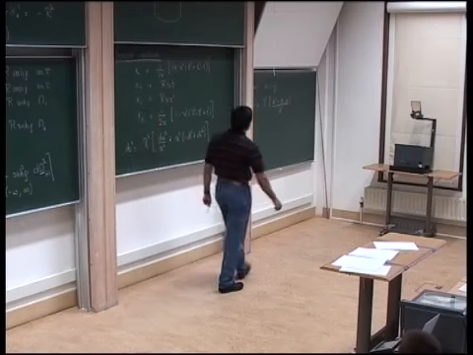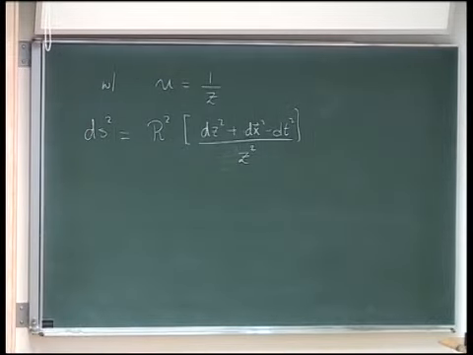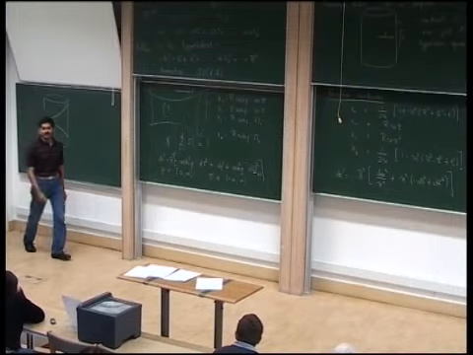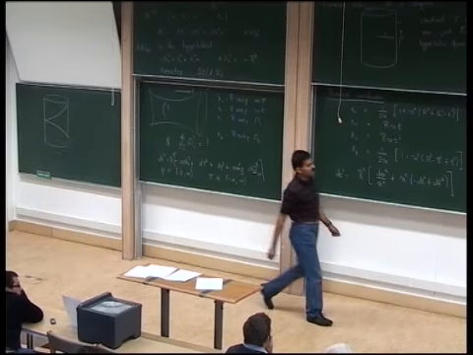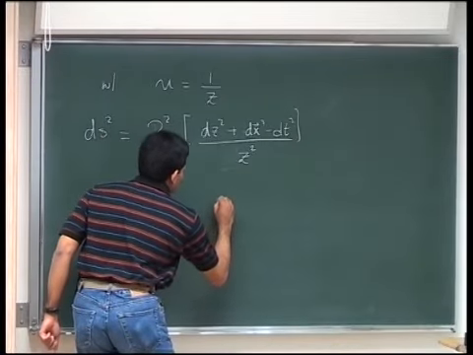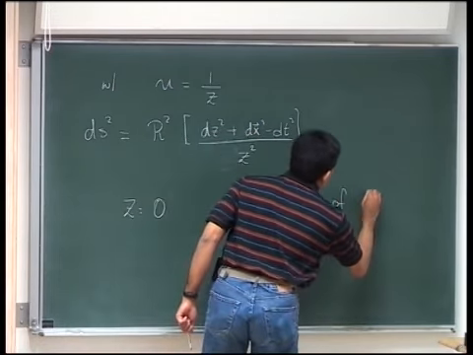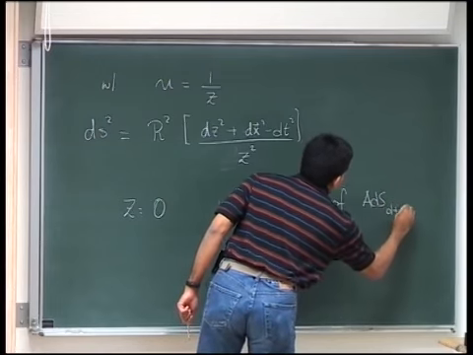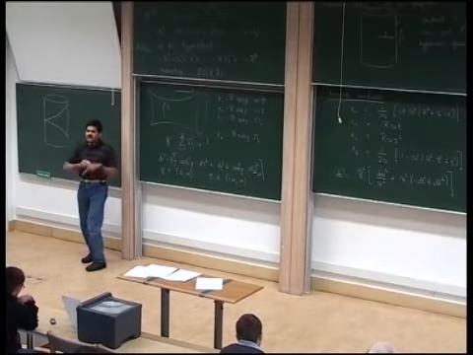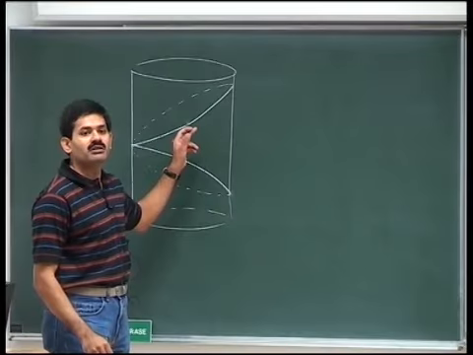And you will find that z equals 0 here corresponds to going to large rho, i.e., to the boundary of the anti-de Sitter space. Whereas going to large values of z, i.e., z to infinity, corresponds to hitting this plane.